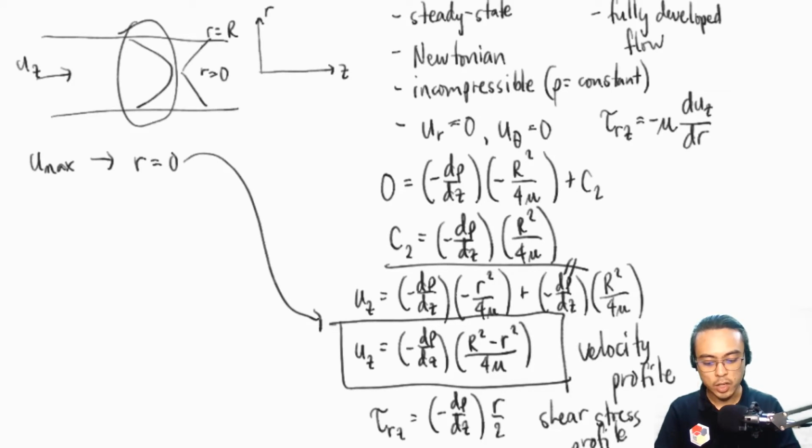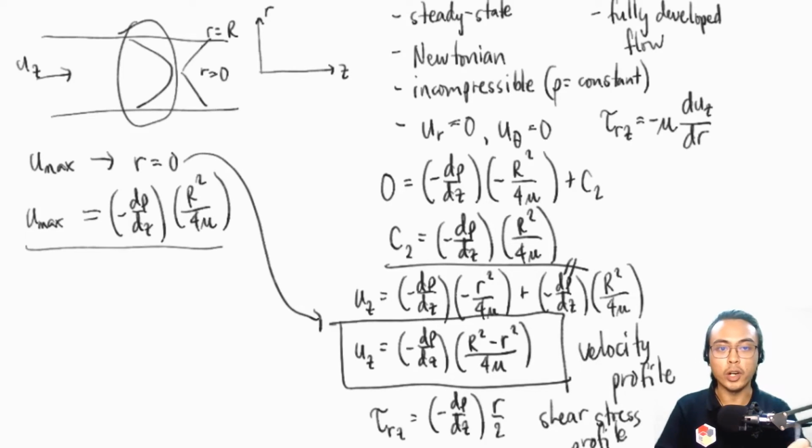We now have Umax is equal to, if small r is equal to 0, this becomes negative dp over dz times r squared over 4 mu. This is our expression for the maximum velocity for laminar flow inside of a pipe. Okay? And this is only true if you are at the center of the pipe, that's r is equal to 0.